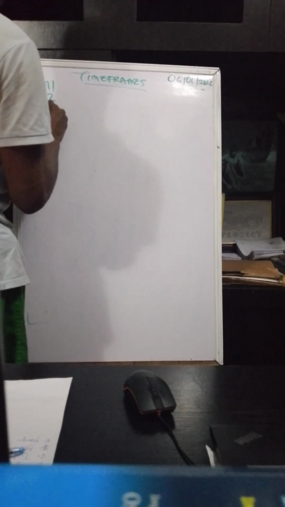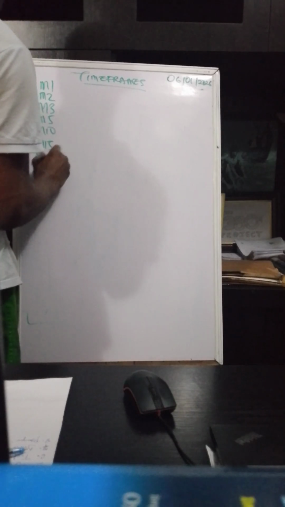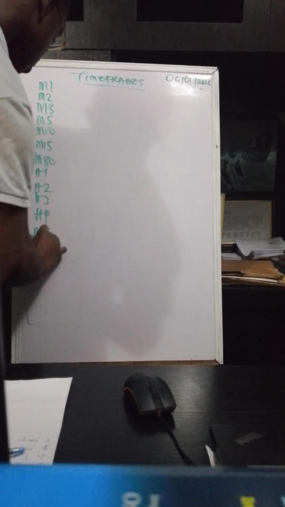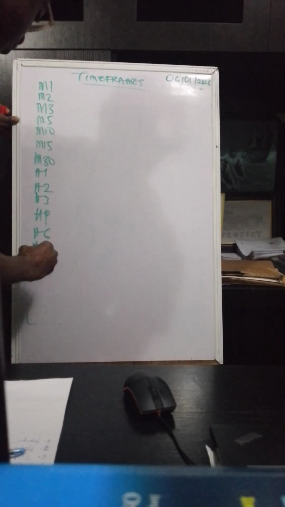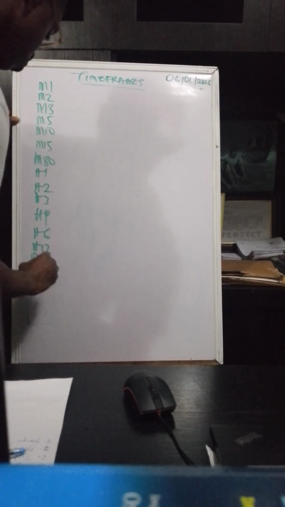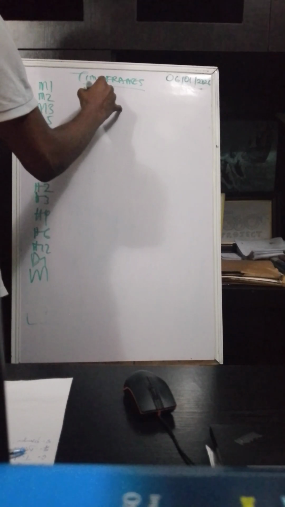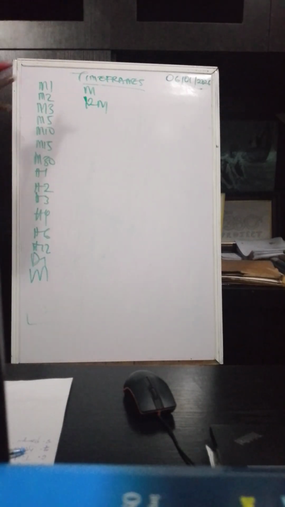We have the M1, the M2, there are so many, M3, we have the M5, we have the M10, M15, M30, H1, H2, H3, H4, H6, H12, D1, W1, and then M1. No, this is the second M1, so this is called the monthly. So just M, and there's the 12M. So these are all the time frames we have.